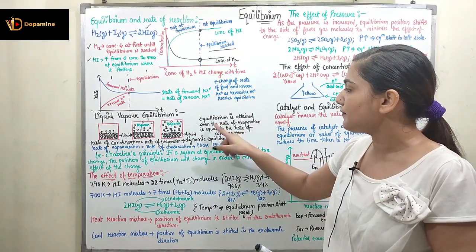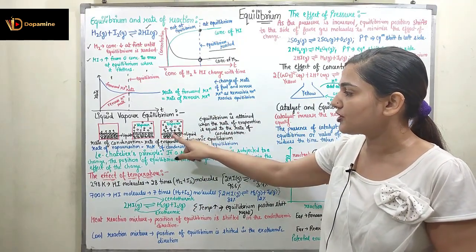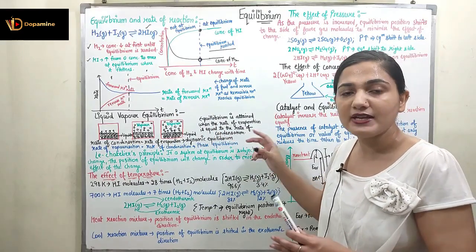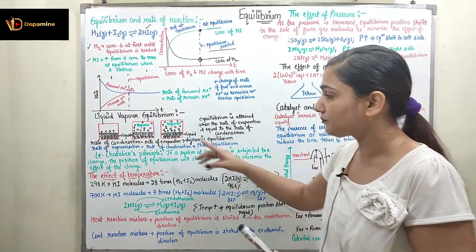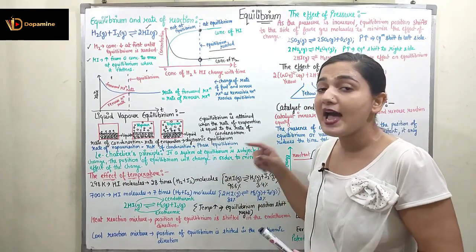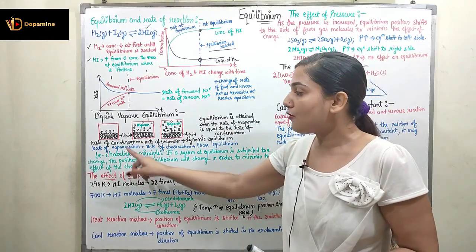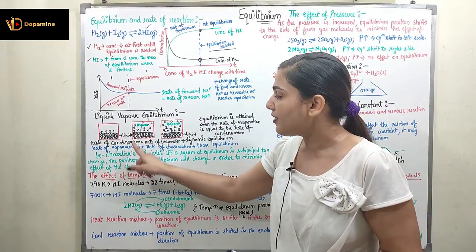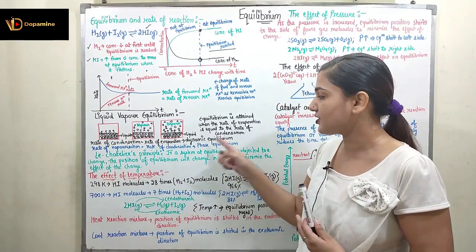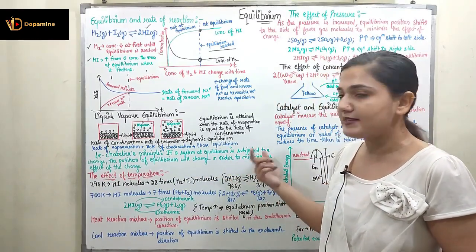So equilibrium is attained when the rate of evaporation, meaning liquid converting to vapor, is equal to the rate of condensation, meaning vapor converting into liquid. When the rate of condensation is equal to the rate of evaporation, we have the dynamic equilibrium. When the rate of vaporization is equal to the rate of condensation, that is called the phase equilibrium.